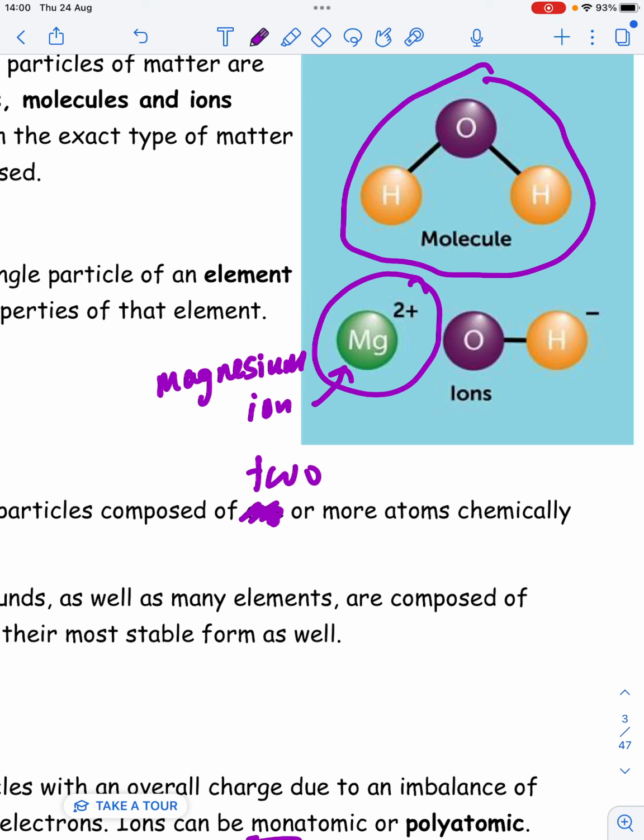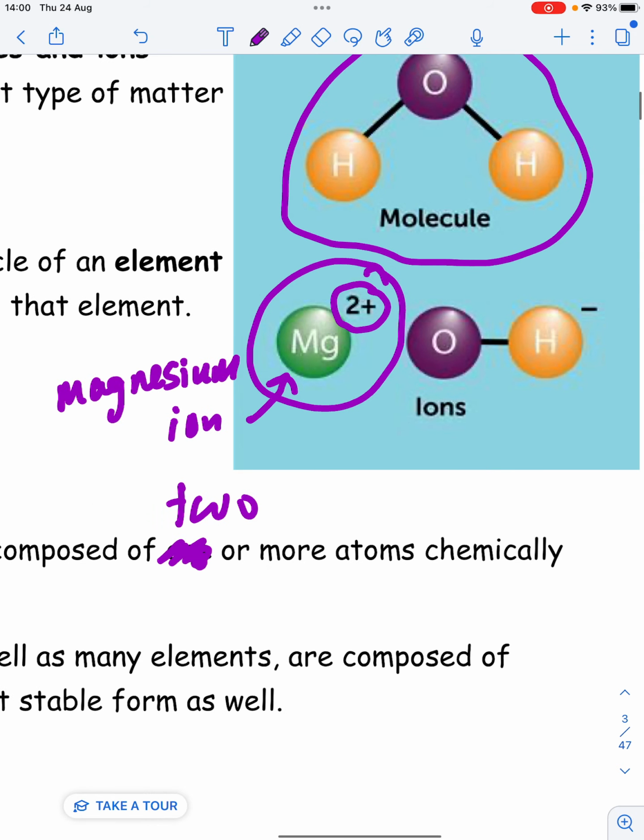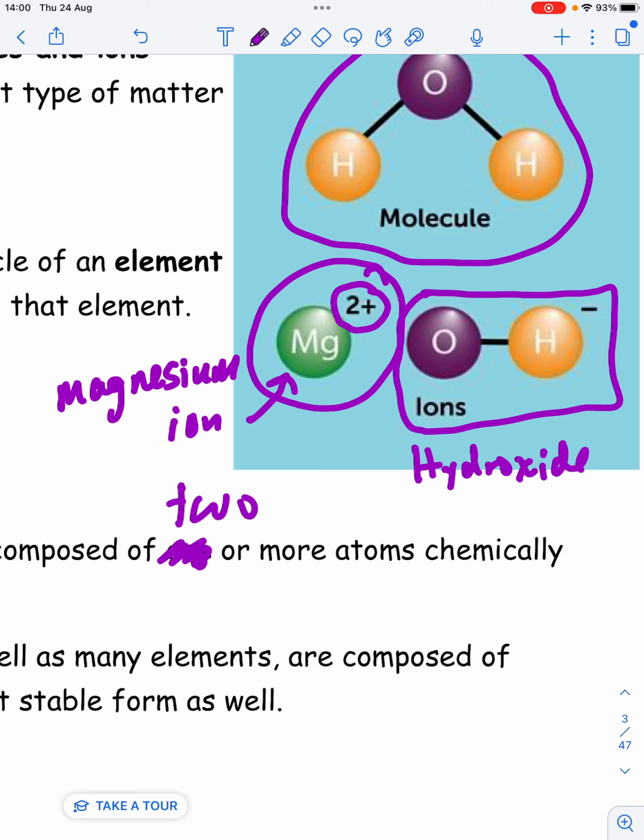It has lost 2 of its negatively charged electrons, and therefore it's ended up with a 2+ charge. Whereas this thing over here, this is something called a hydroxide ion. Not anything that you need to know just yet, but I can see it's made actually of O bonded to H, kind of like a molecule, but it has an overall charge of -1.